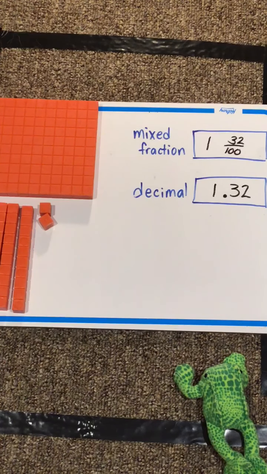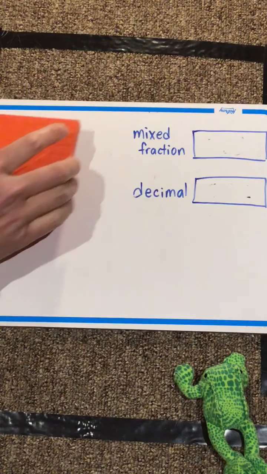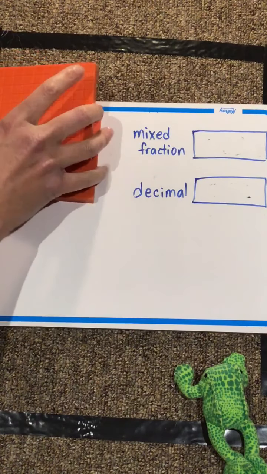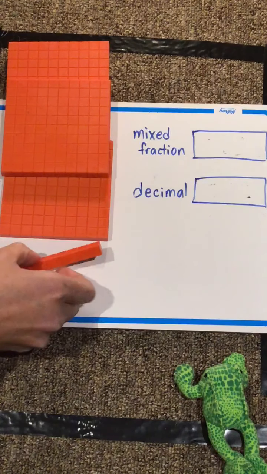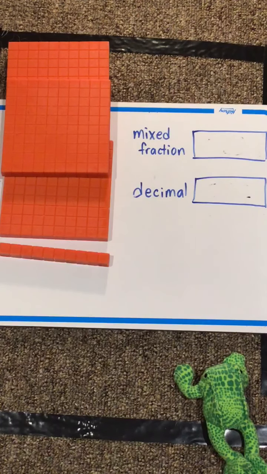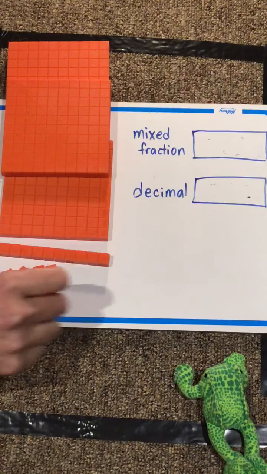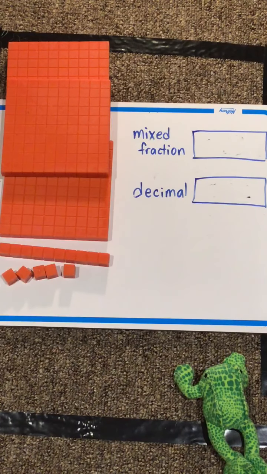Alrighty, let's try one more for luck. Alright, what if, oh my goodness, we got a lot of cake here. What if we have 1, 2, we'll pile it up there, 3 whole cakes, and then we have 1 extra strip of cake, and 5 more pieces of cake.